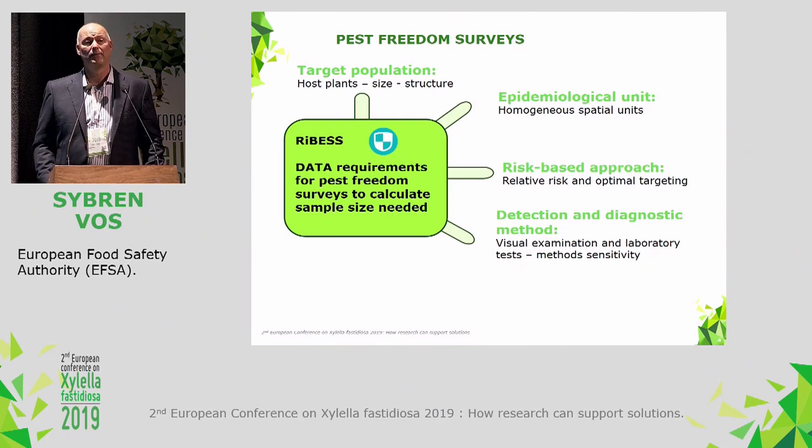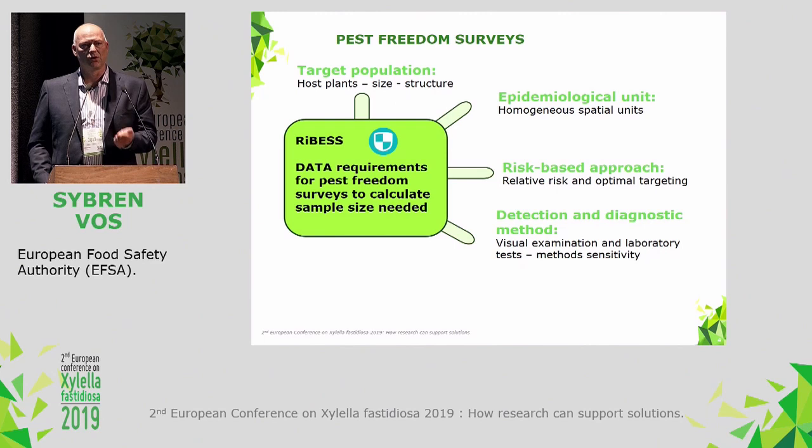And the key element here that we need to characterize is the sensitivity of the overall method. It is not only the test sensitivity in the laboratory that is interesting for us, it is also how we make the right choice of the sample in the tree. How do we have a good sampling procedure that can, in fact, pick out of the tree a positive leaf when the tree is positive?